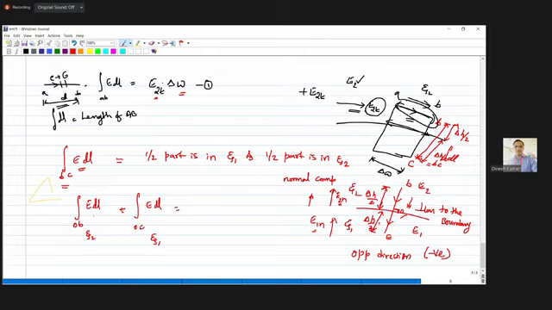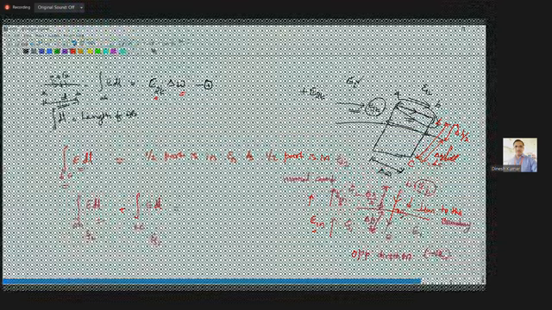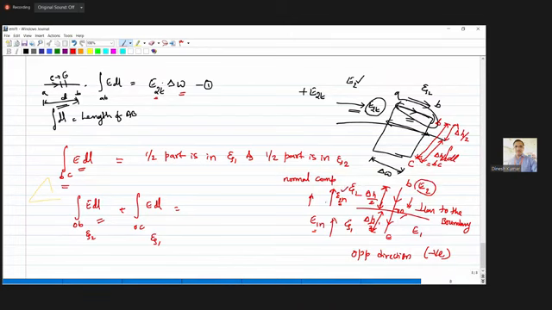This value will be equal to, for the first one, present in E2, the normal component E2n. But both are in opposite direction, so the value is minus E2n. What is the length from B to 0?